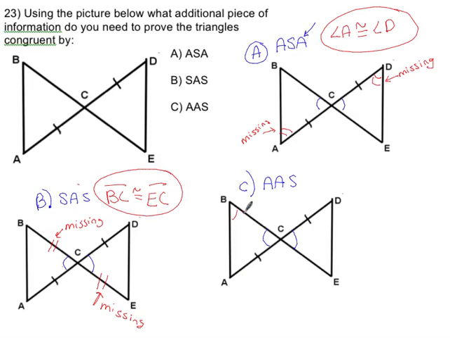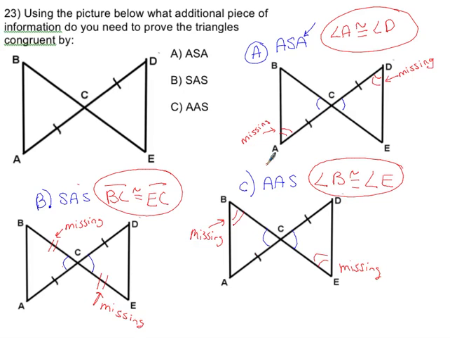I need to go angle, angle, side. So you need to be told that angle B is congruent to angle E to answer it this way.